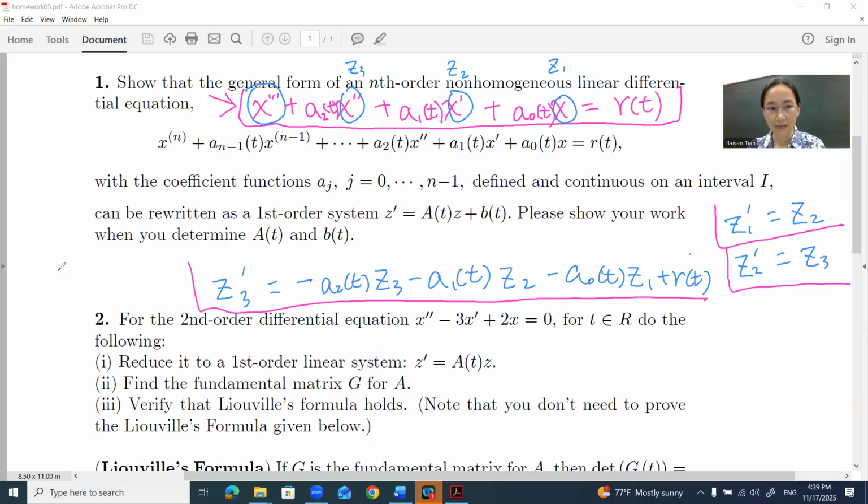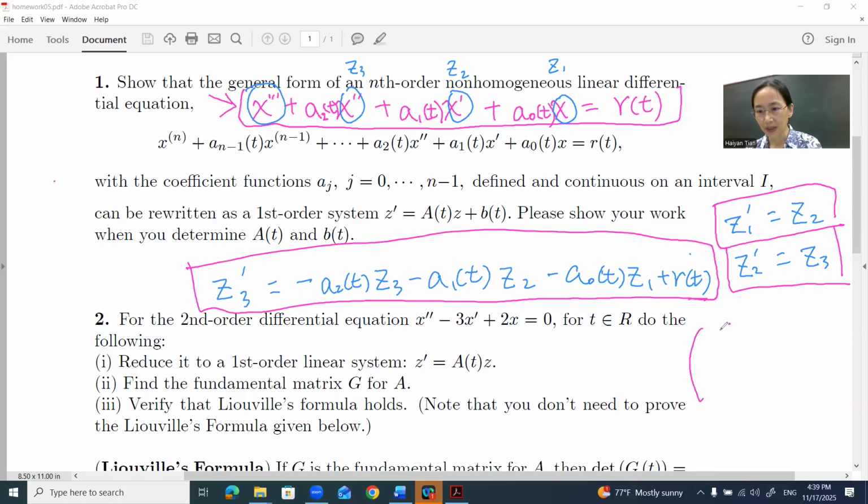So we see the system. But now if you want, you can write the system into a matrix form. So let's put the three equations into a system. Certainly you can put z1, z2, z3, right?